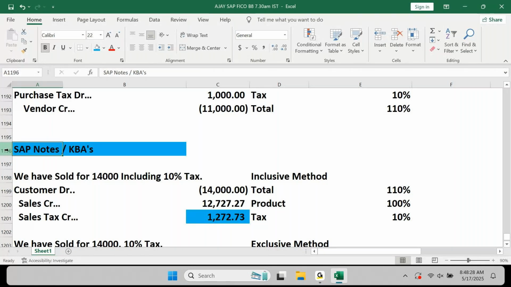Am I correct? There are certain things where action is required and certain things where only information is required. Wherever action is required, it is a note. Wherever information is required, it is a KBA. I will share a sample of a note and a sample of a KBA as we move forward so that you will have clarity.